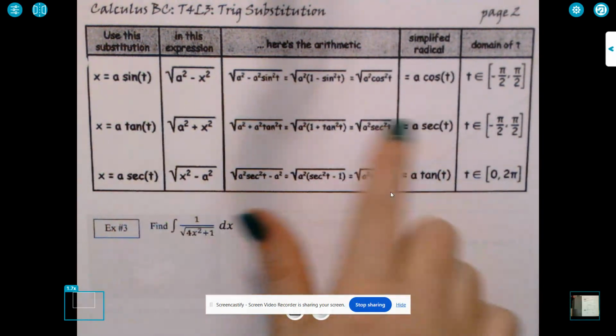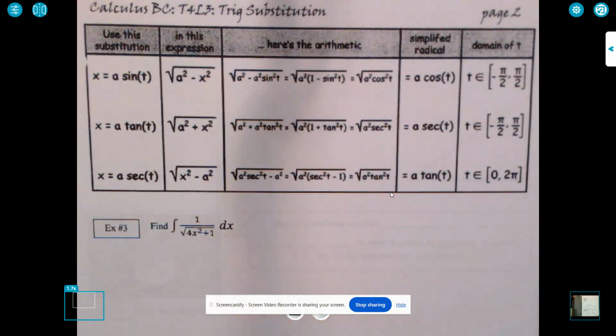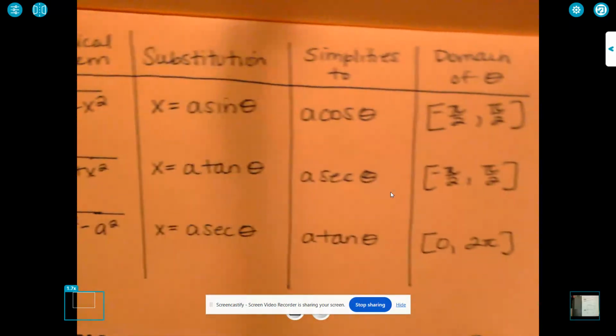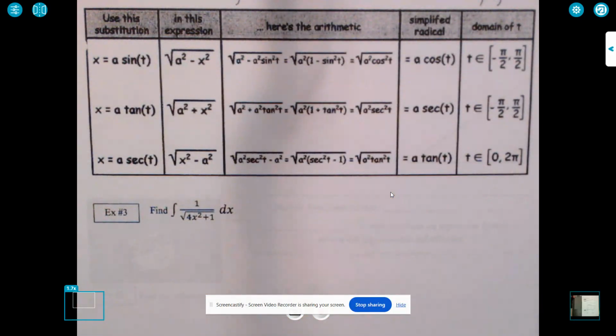I'm going to leave these up here just because we're going to use one of these in example 3, and I'm going to reference it, like draw some arrows and reference it from here. All right, but that is in your flip book on your trig substitutions right here. This one right here. That's what you're using. Okay, and there will be some time where it's easier just to say, oh, it simplifies down to blah, blah, blah, instead of us doing the math for that by looking at that flip book.